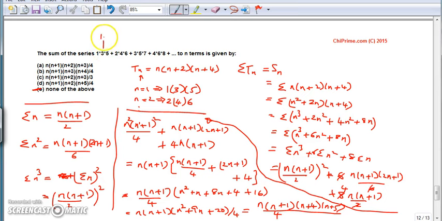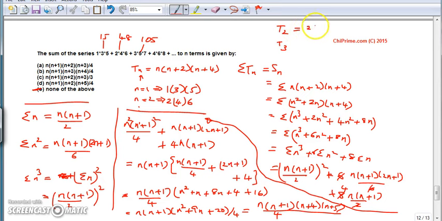So the first term evaluates to 15, the second term to 48, the third term to 105, right? So let's check what T2 and T3 are with our formula: n times n plus 1 times n plus 4 times n plus 5 divided by 4, where n is equal to 2.